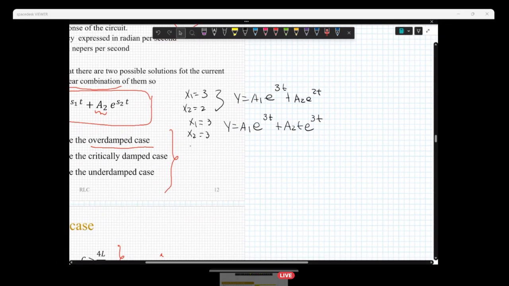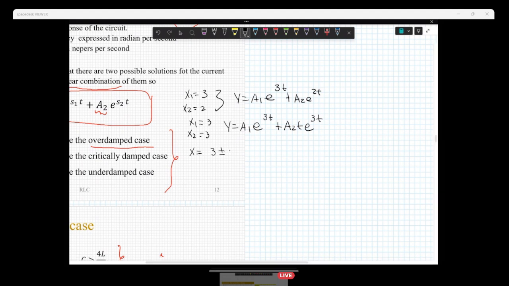Now, if you got imaginary roots, for example, x is equal to 3 plus or minus 4j, your alpha is 3, your omega is 4.